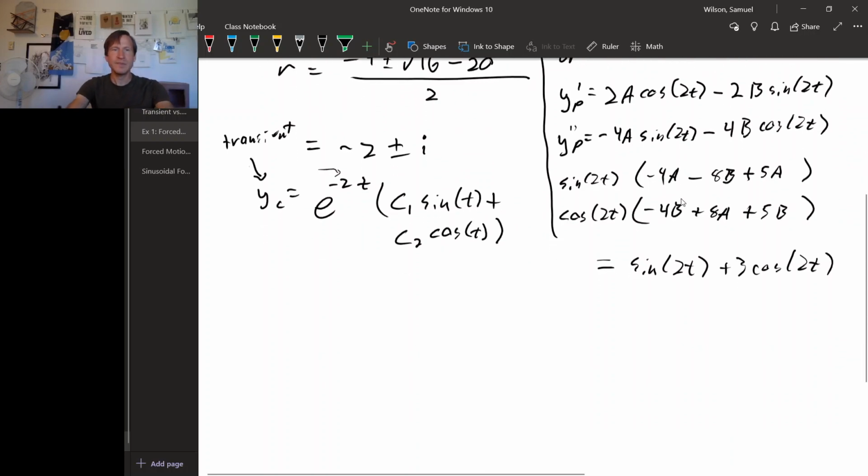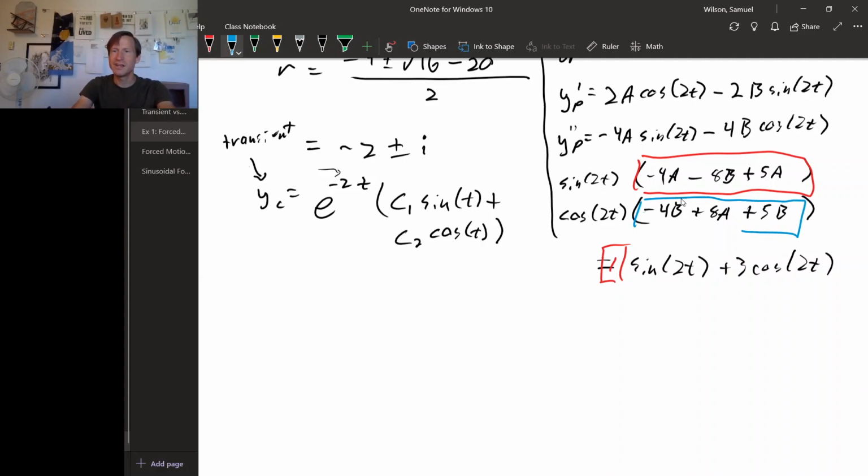Okay, now we can compare coefficients. The coefficient on sine on the left has to be equal to the coefficient on sine on the right, which is 1. The coefficient on cosine on the left has to be equal to the coefficient on cosine on the right, which is 3. So that gives us two equations. For the sine equation, we get, let's see, minus 4a plus 5a is a, minus 8b equals 1.